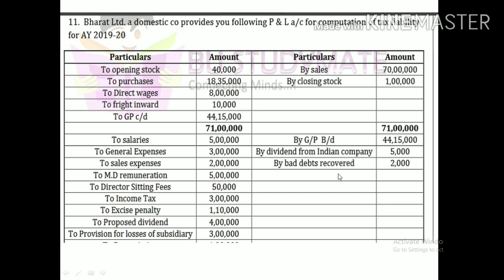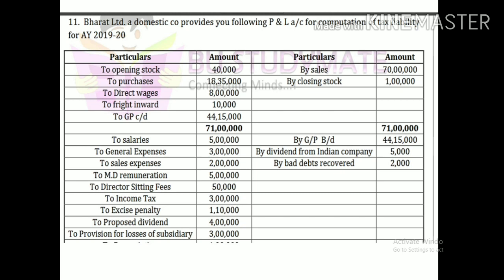See, this is the problem. Now I am explaining under MAT provision. See, in MAT provision we have three steps. One is calculation of book profit under MAT provision under section 115 JB. Second one, calculation of tax liability and determine the final tax liability of the company. Okay. First I will explain how to calculate book profit under MAT provision under section 115 JB.